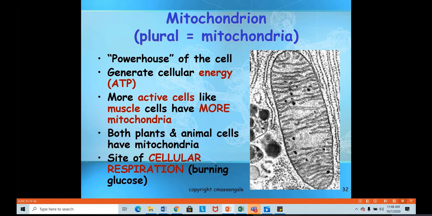So even these neurons need a lot of energy to transmit the nerve impulses. So even they have a larger number of mitochondria. The muscle cells, the sperm cells, and our nerve cells, all of them which need a lot of energy to perform their functions, have more mitochondria compared to the other cells.